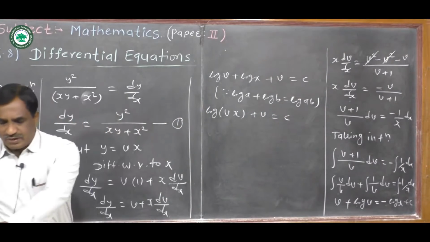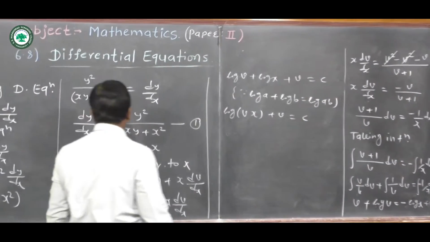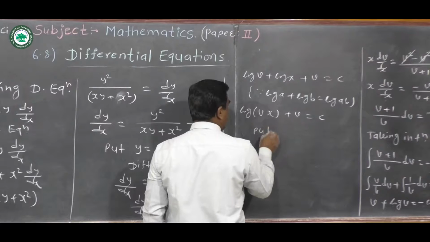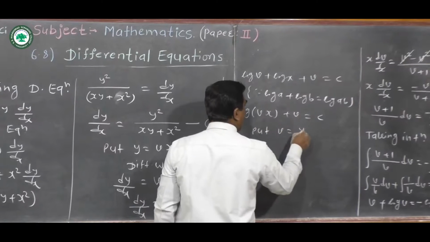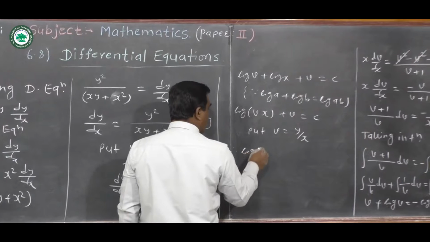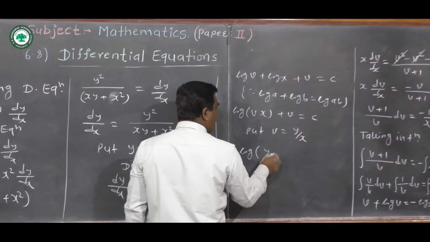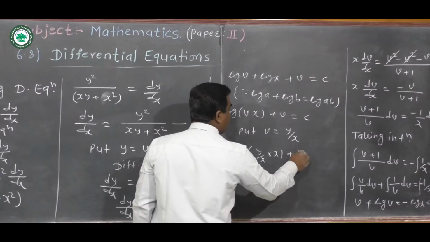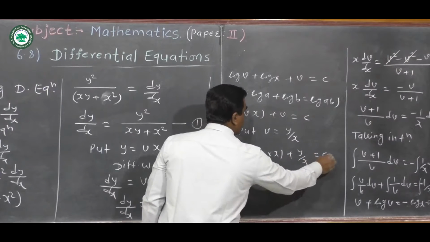Now finally we put the value of v equal to y upon x. Therefore we can write here log of y upon x into x plus y upon x equal to c.